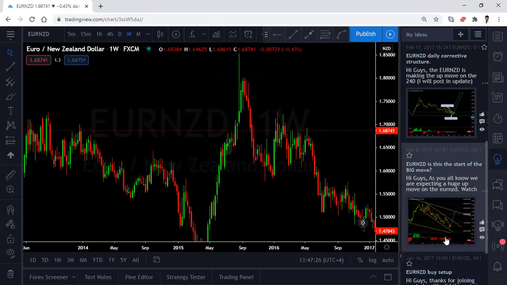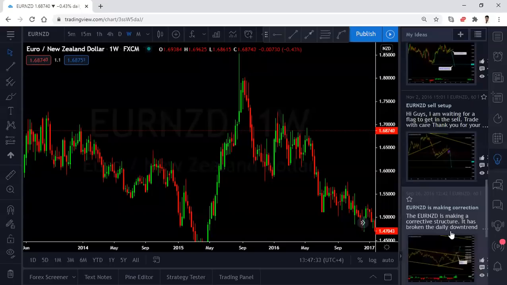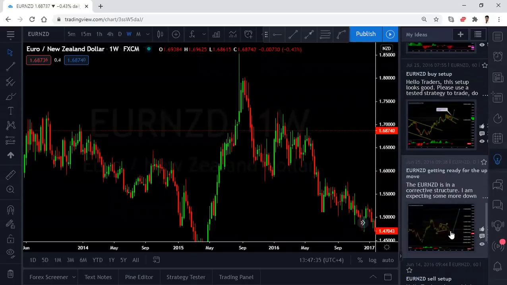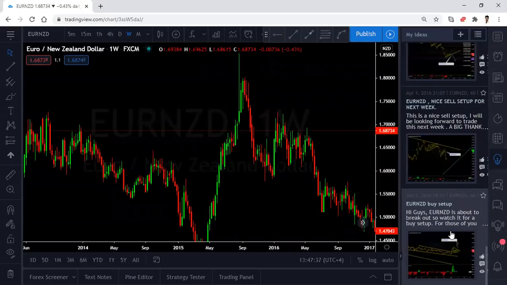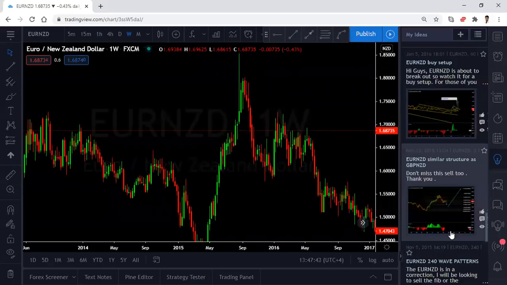Euro New Zealand, the start of a big move, but that was the serious chart. There was one that was a very funny one. Let me see if I can go back and find it. I'll have to go back really far. Euro in New Zealand. You will just see one bigger. Don't miss this similar structure.